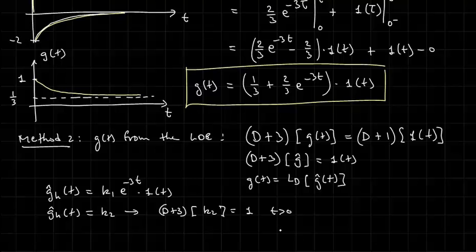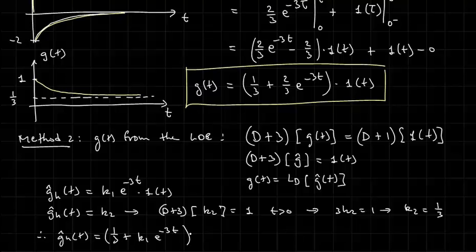Right, the unit step goes to 1. So what do we have? 3k2 equal to 1, k2 equal to 1/3. So therefore we have g hat of t is equal to 1/3 plus k1 e to the minus 3t, right, all of that times the unit step.